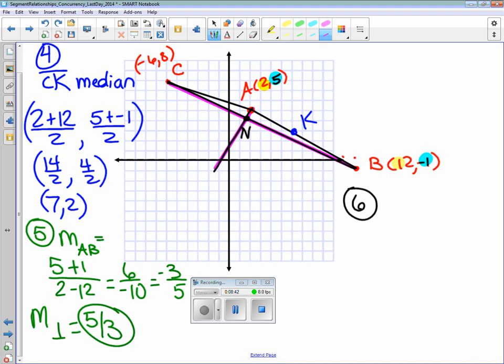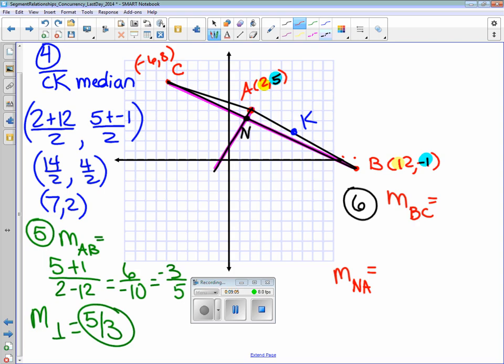Find the slope of NA. Find the slope of BC. Which one is easier to find? Isn't N like a bunch of fractions? Okay, so let's try BC first, and then we'll look at NA. NA is not as bad as you think, actually.